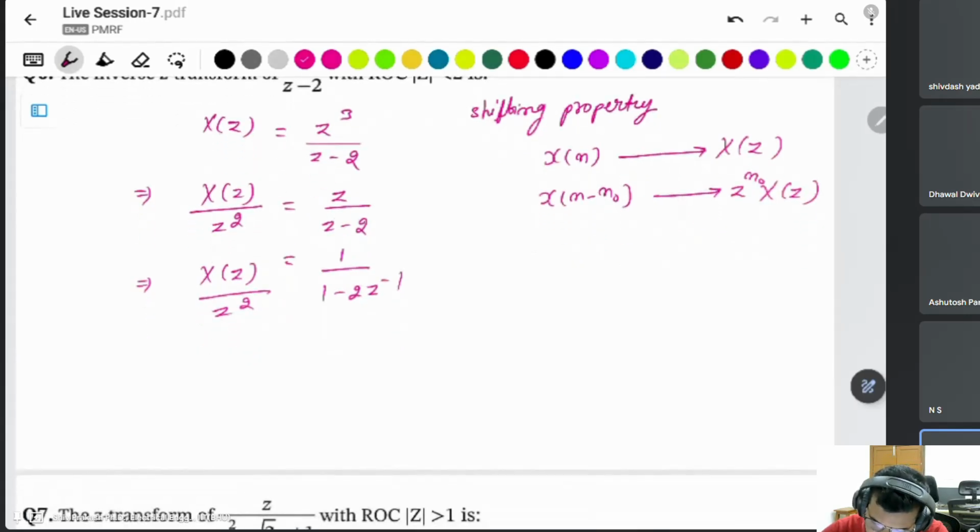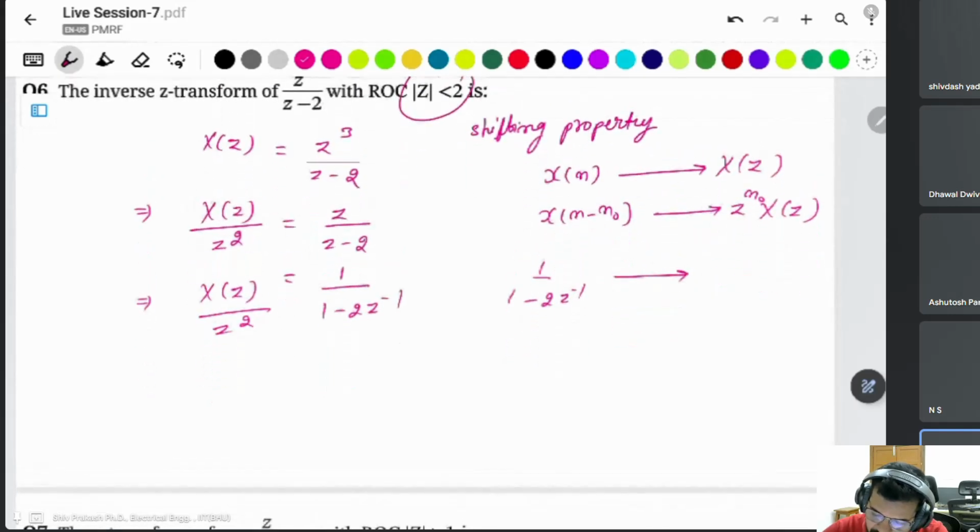It means x of n, if 1 by 1 minus 2 Z inverse, if you reverse this one, then what happens? 1 by 1 minus 2 Z inverse, where the ROC is less than, it means minus 2 to the power of n u of minus n minus 1. Okay.